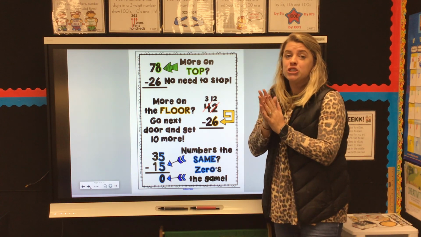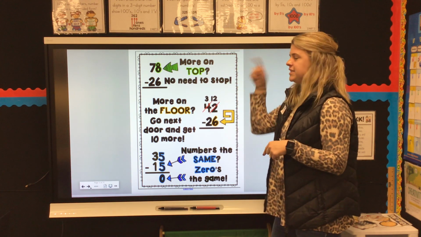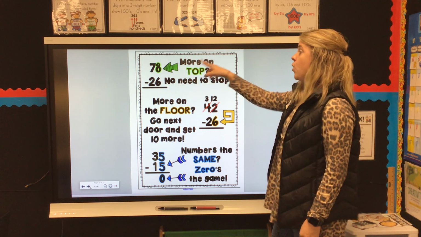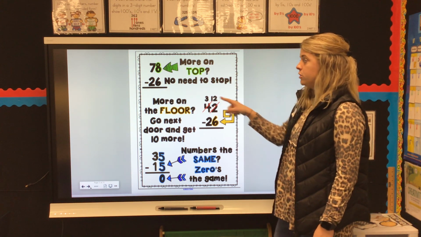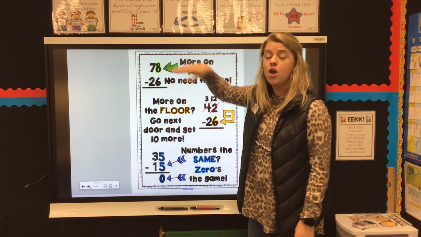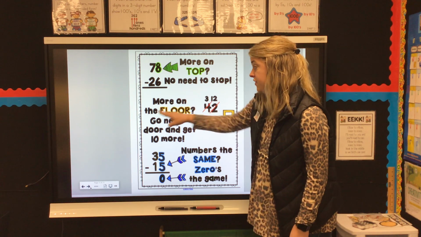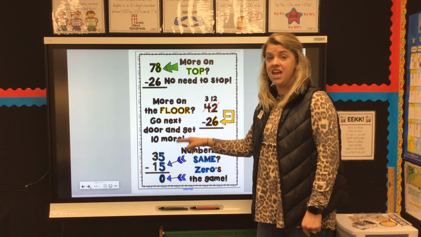All right, so remember, when we're looking at our ones place, we can ask ourselves these questions and figure out what to do. Here we go. More on top, no need to stop, which means if the number's bigger on the top, we can subtract, okay? More on the floor, go next door and get 10 more.